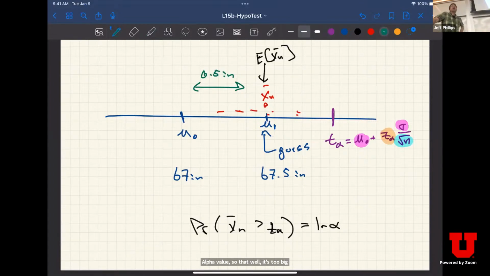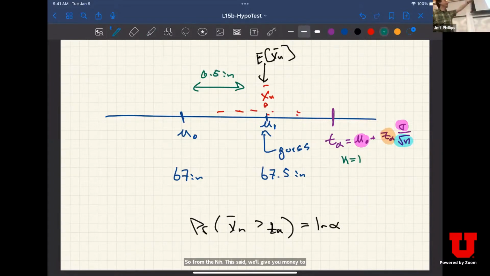What could I do to change that? This is the value for n equals 1. Let's say I took one person at random, and that's all I can afford, because the NIH said they'll give me money to measure one person.